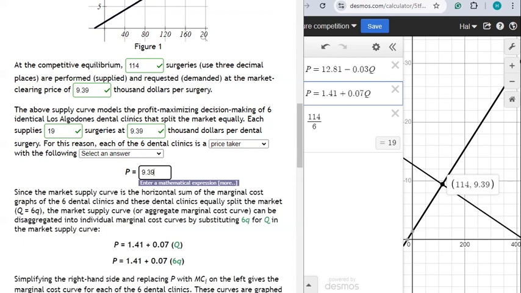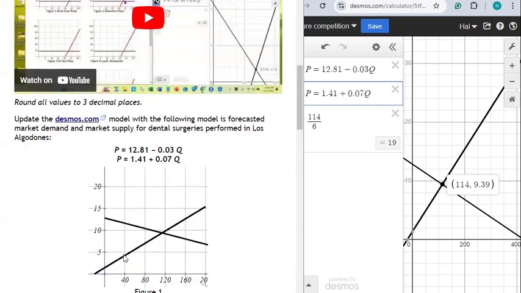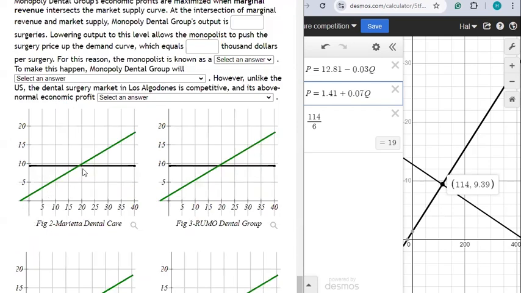$9,390,000. Since the market supply curve is the horizontal sum of the marginal cost graphs of the 6 identical dental clinics, and these dental clinics equally split the market, this right here is the supply curve of the market, and we're saying it's the horizontal sum of these upward sloping green lines.